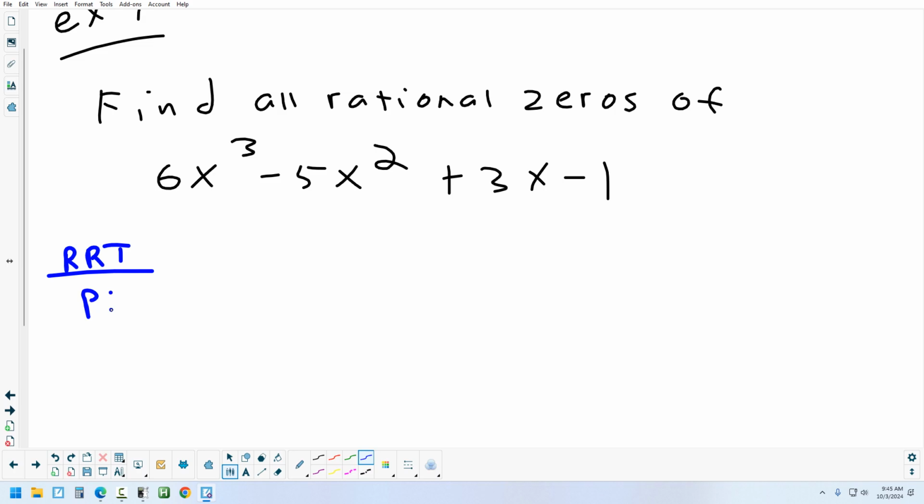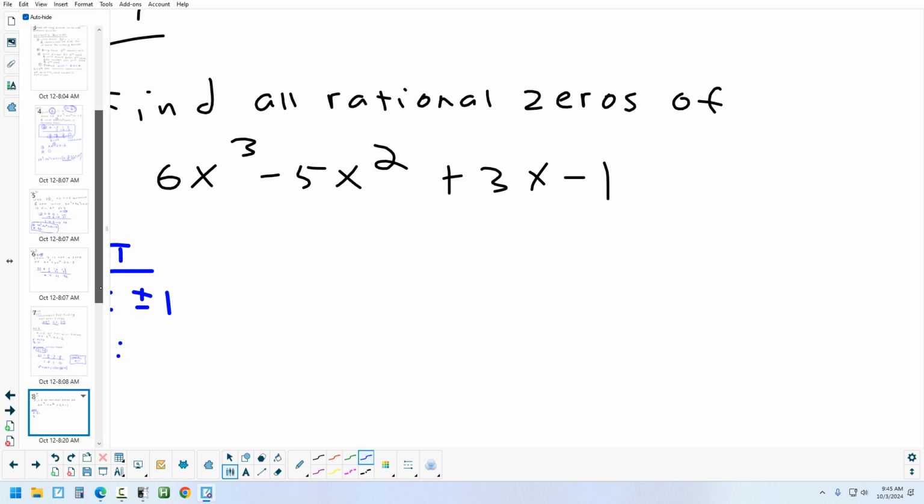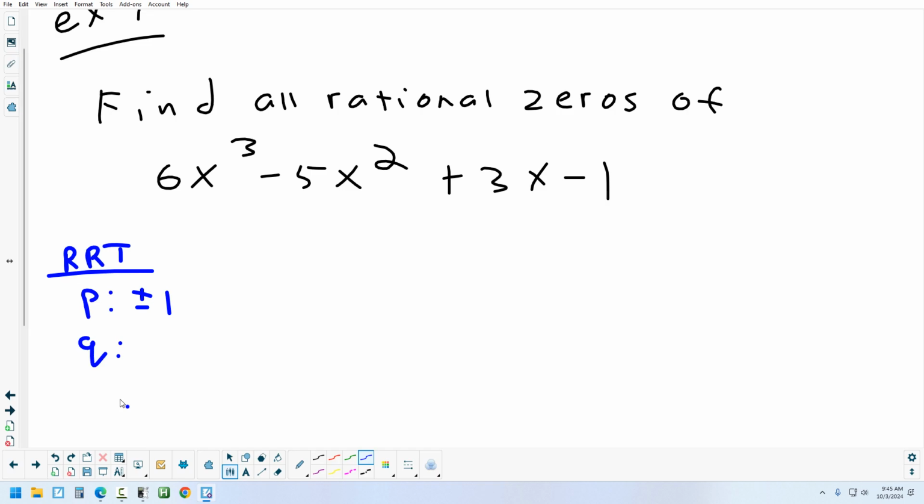Yeah. So plus or minus 1. And what are my factors of the leading coefficient? Nick, what are the factors of my leading coefficient? Plus or minus 1, plus or minus 6, plus or minus 2.